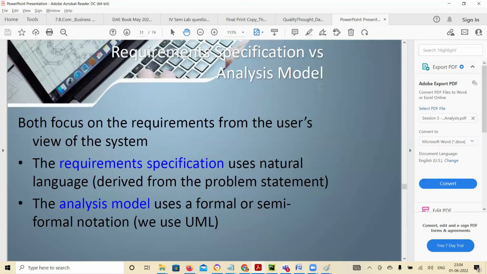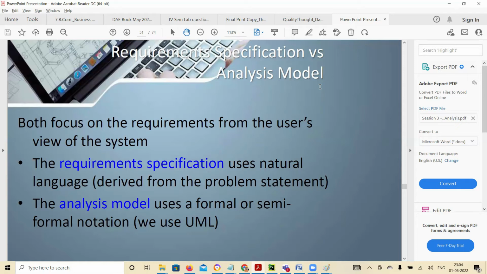So, requirement specification versus analysis model. Both focus on the requirements from the user's view of the system, right? Your specification is to get functional and non-functional requirements, and analysis is the technical requirement. You want to get the requirements from the user, but the kind of requirement that you get is different.